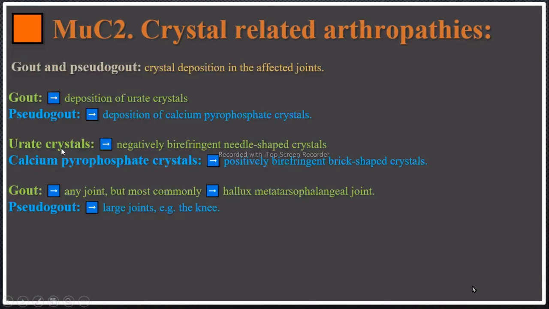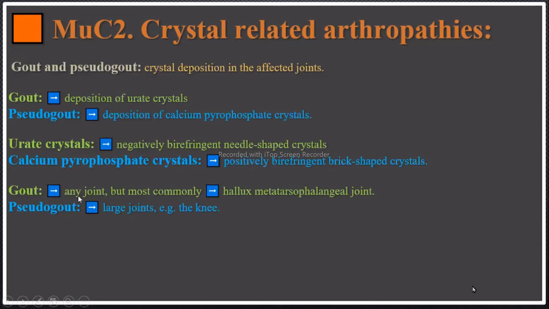Urate crystals, we are talking about gout, so it's negative. Calcium, it's positive. So if you find negative in the scenario, it means urate crystals, it means gout. If you find positive, it means calcium, it means pseudogout.